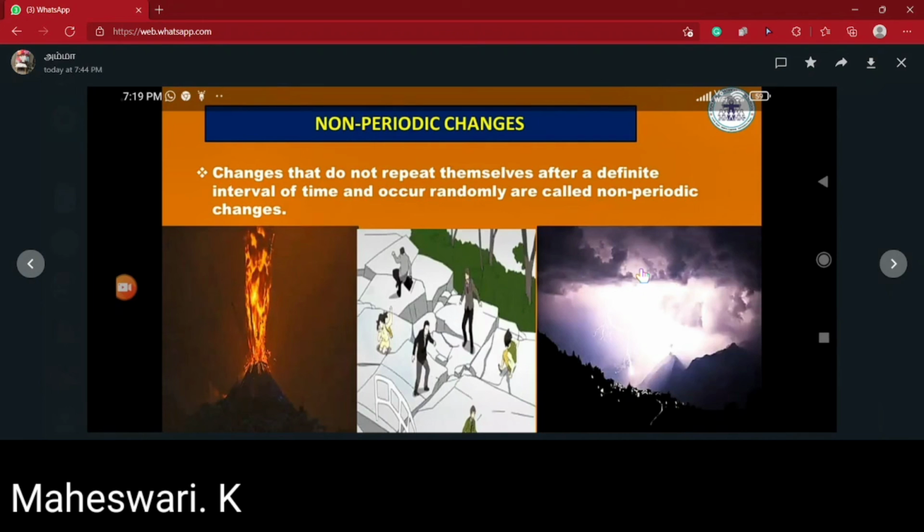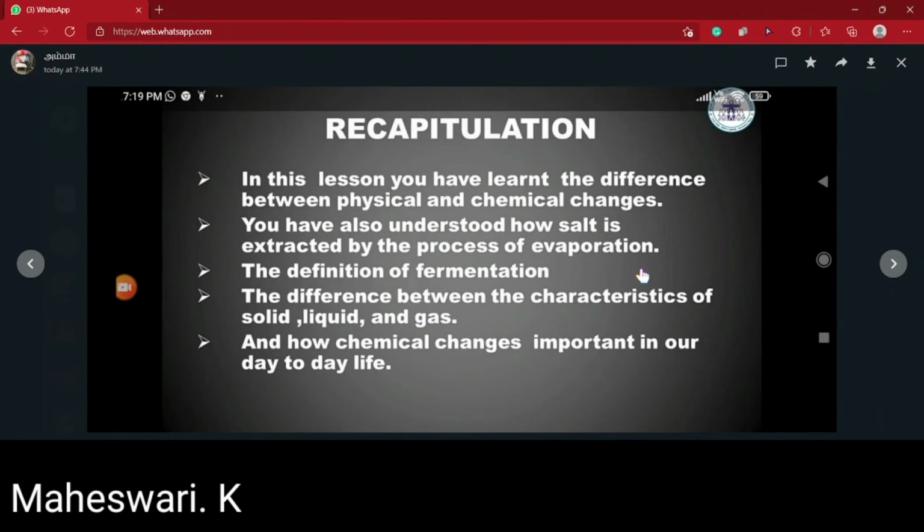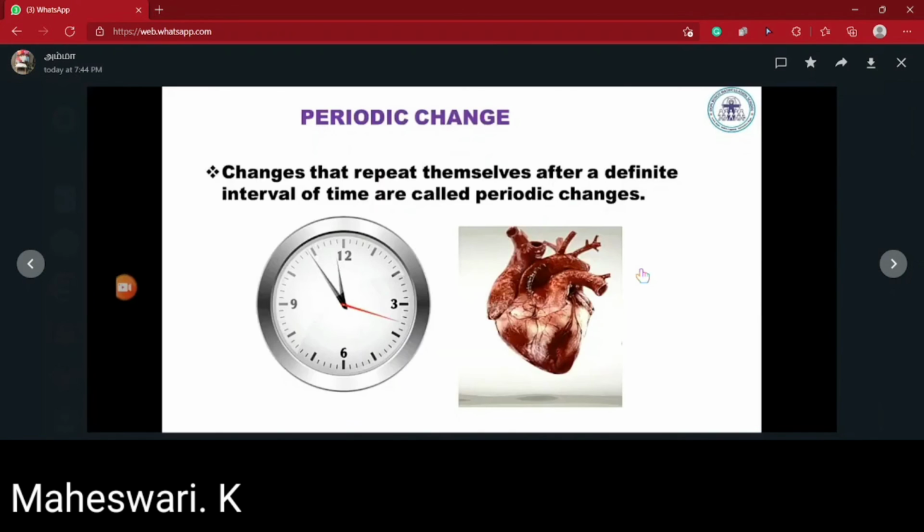Next we will see periodic change and non-periodic change. What is periodic change? The changes that repeat themselves after a definite interval of time are called periodic changes.